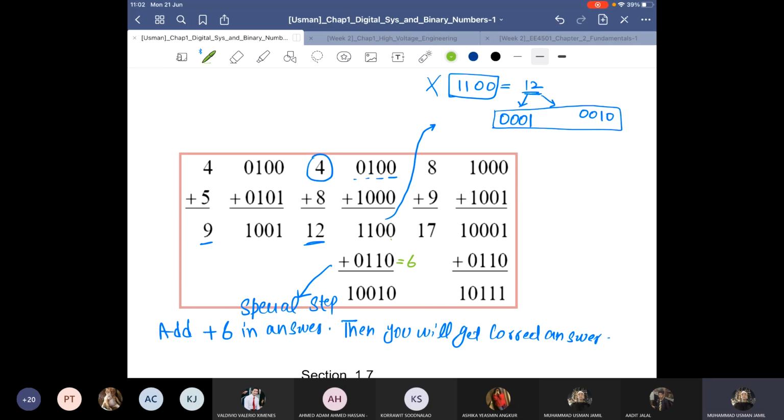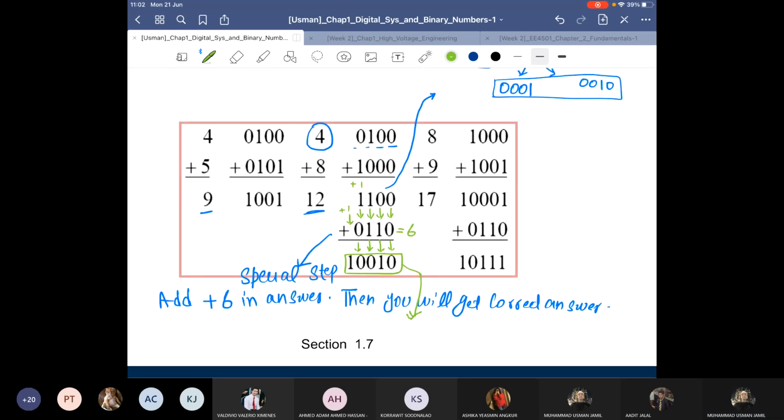Now you can add: 0 plus 0 is 0, 0 plus 1 is 1, 1 plus 1 is 2. So 2 minus 2 is 0, and 1 carry. Then 1 plus 1 plus 0 is 0 and 1 carry. So 1 carry comes here. So now we can represent this number here as 0 1 0 0 and then 1 0 0 0.